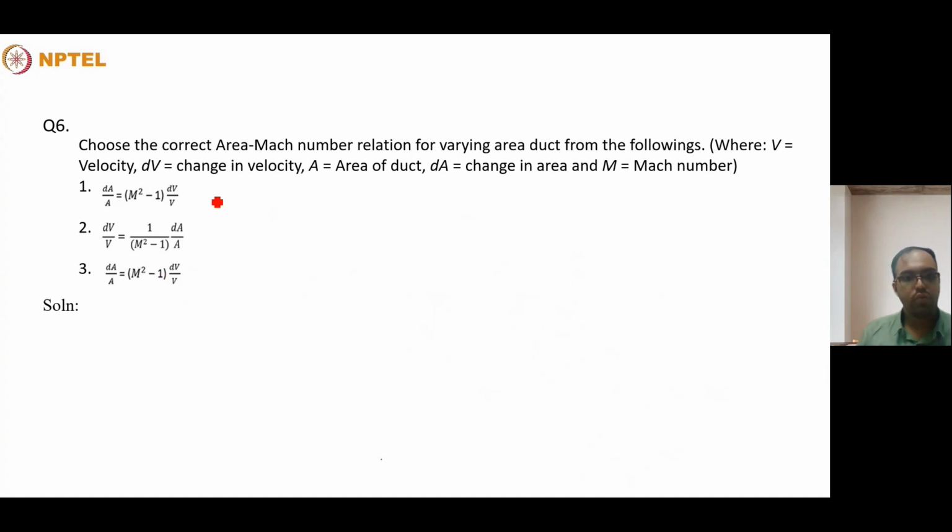So options 1 and 3 are same. So the answer to this problem is dA by A is equal to (M squared minus 1) into dV by V. So the change in area can be written as Mach number squared minus 1 into dV by V.